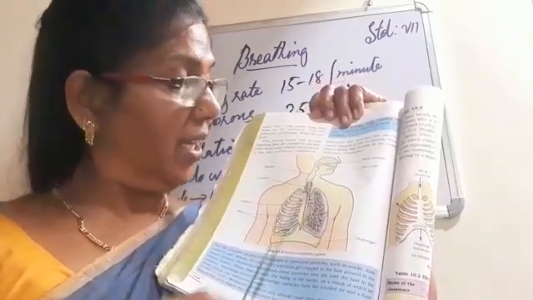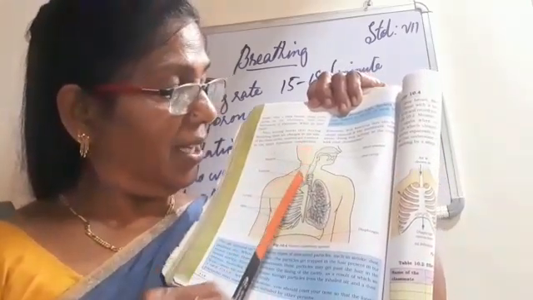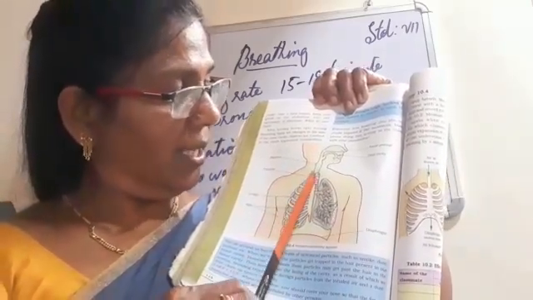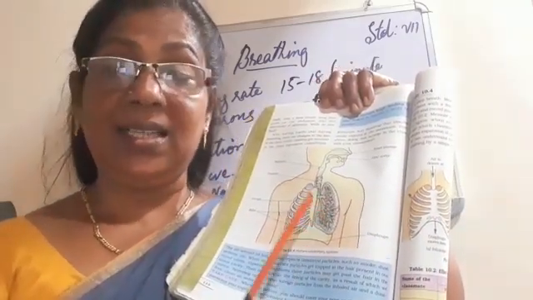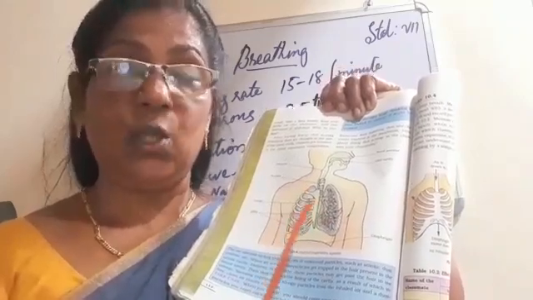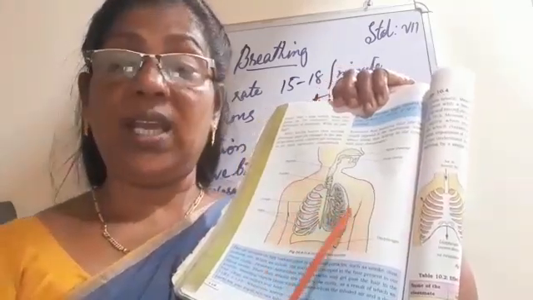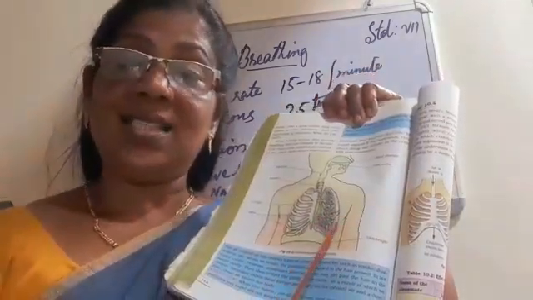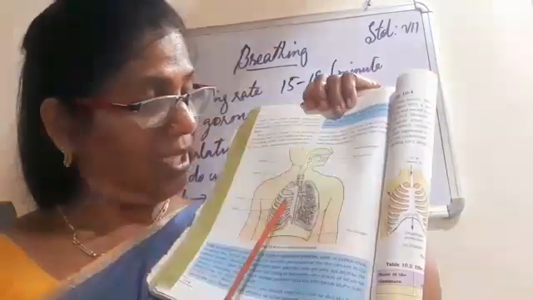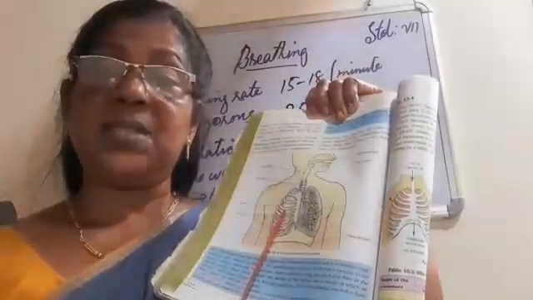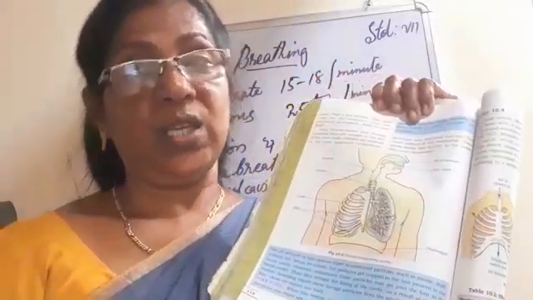The trachea divides into two, and each branch reaches into each lung. There is a pair of lungs in humans. Each lung is located inside the chest cavity within the ribs. So these are the ribs, and inside the ribs the lungs are located.